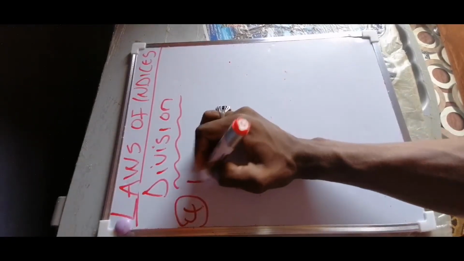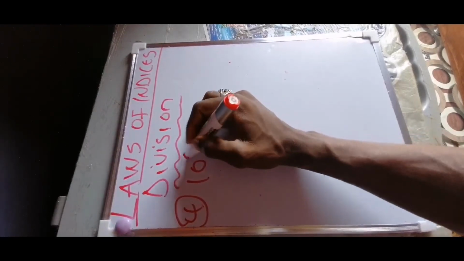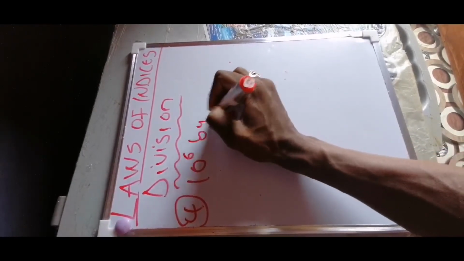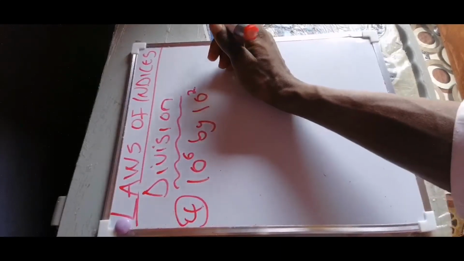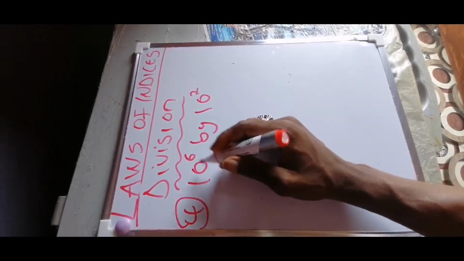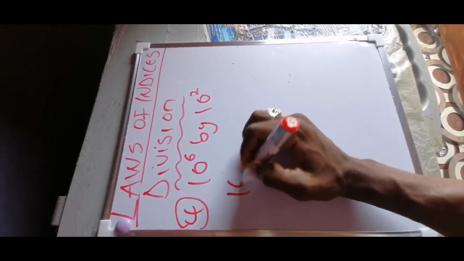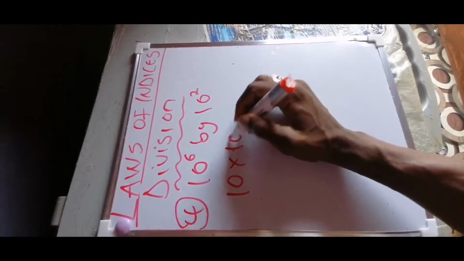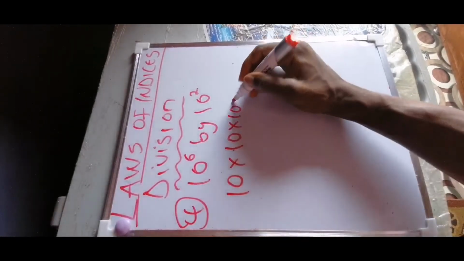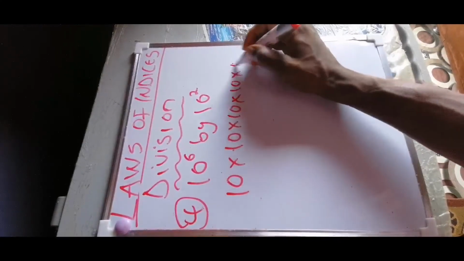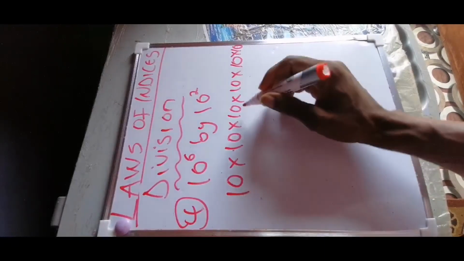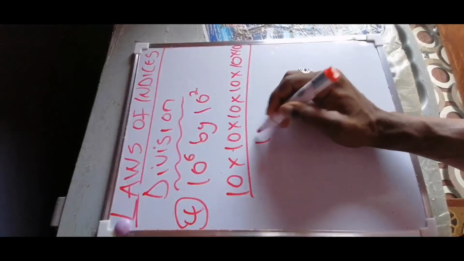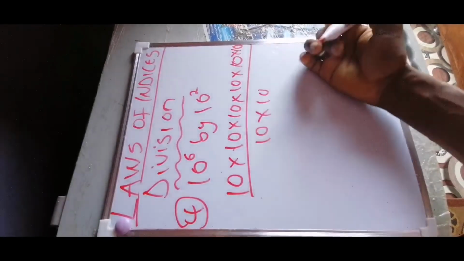We have 10 raised to the power of 6 by 10 raised to the power of 2. So here we have 6 tens: 10 times 10 times 10 times 10 times 10 times 10. 1, 2, 3, 4, 5, 6, divided by 2 tens: 10 times 10.